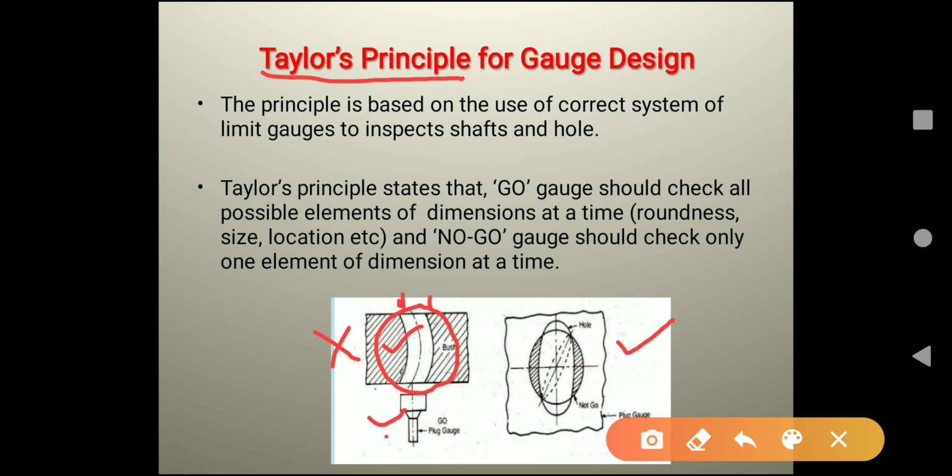It should not pass with the maximum diameter shown here. So the Taylor principle shows that the go side of a plug gauge should check all the forms as well as the dimension. Here you can determine the dimension as well as the form.